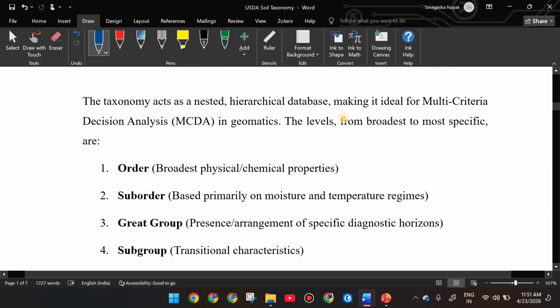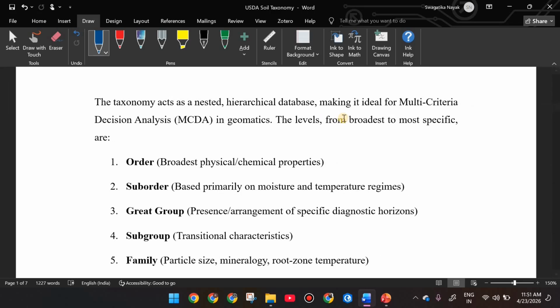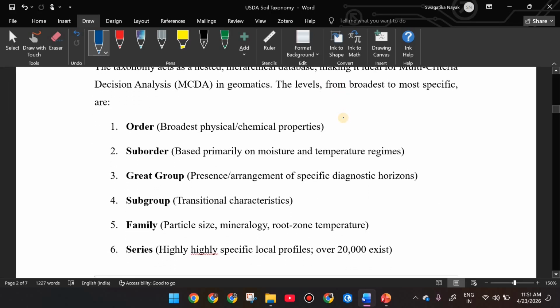Under this hierarchical system, the first and broadest category is the order, the 12 orders we are going to study in today's class. Under the order there is the suborder, based primarily on the moisture and temperature regimes of the soil.